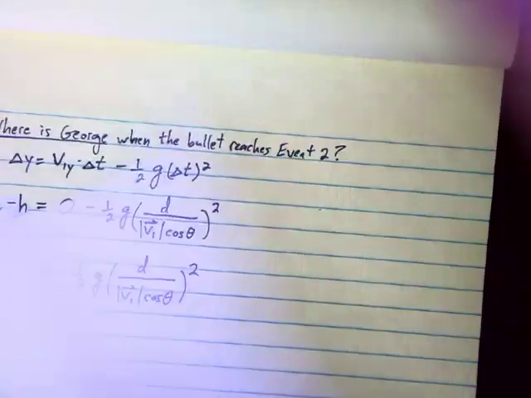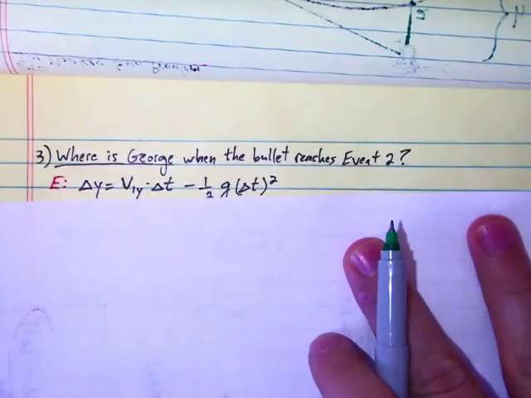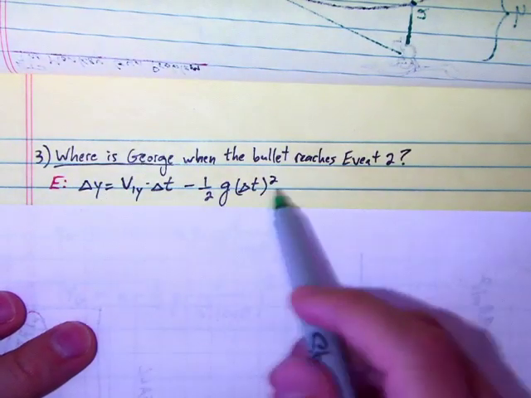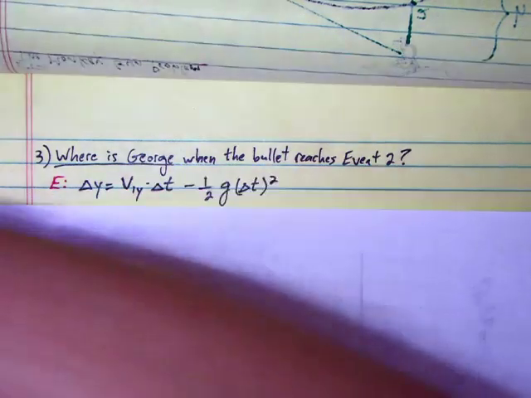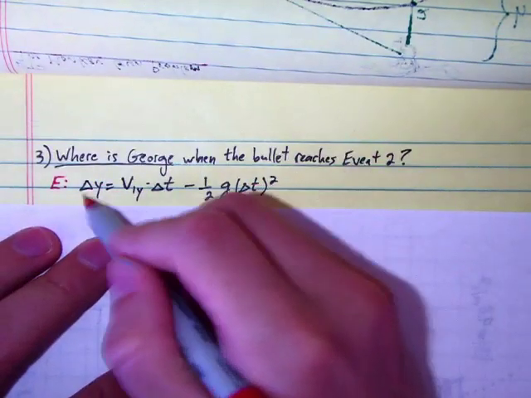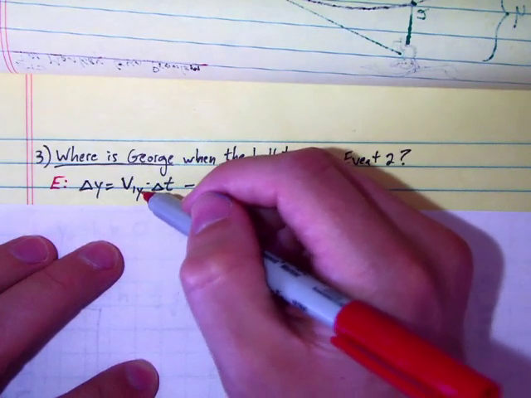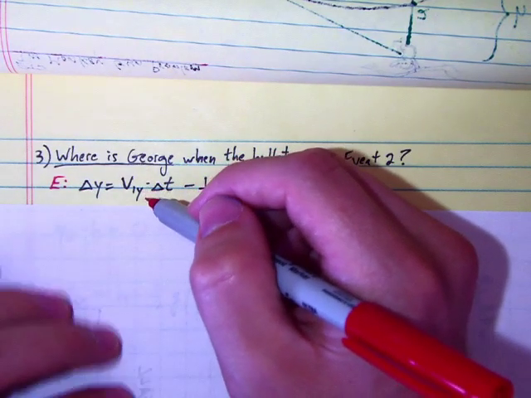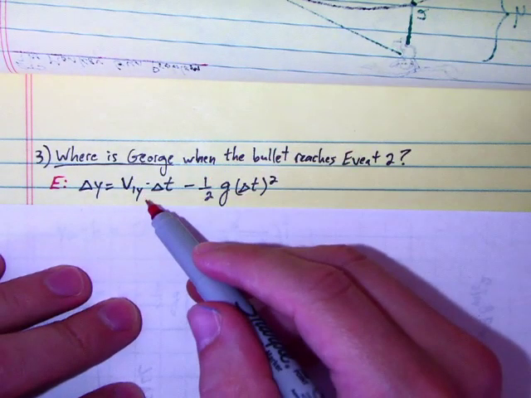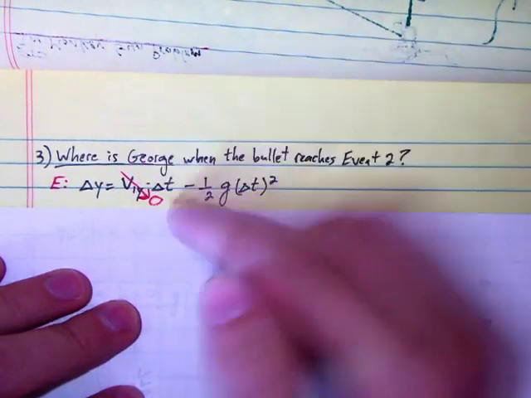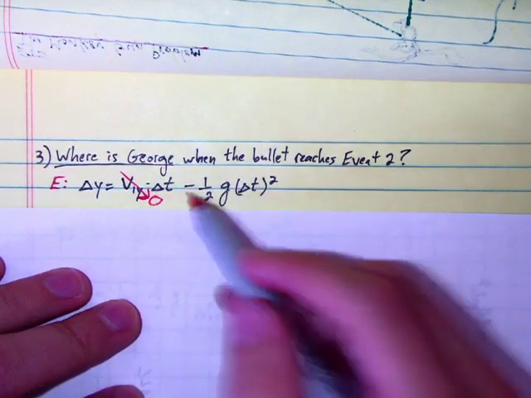So where is George at that time? Well, we need to know the change in his vertical position, so we're going to use this equation once again. So this is going to be George's change in y. His initial velocity, well, when he releases from the branch, he doesn't push himself downwards or upwards, so he starts from rest. So the initial velocity is 0. That whole term drops out, and we just have this term.